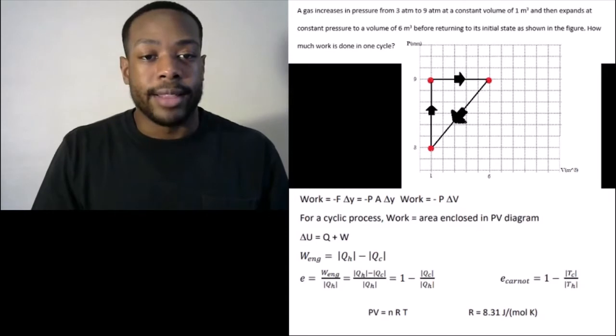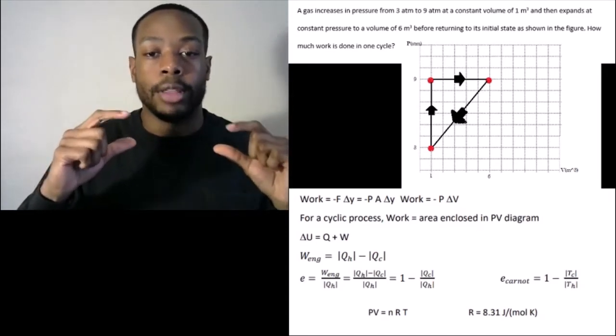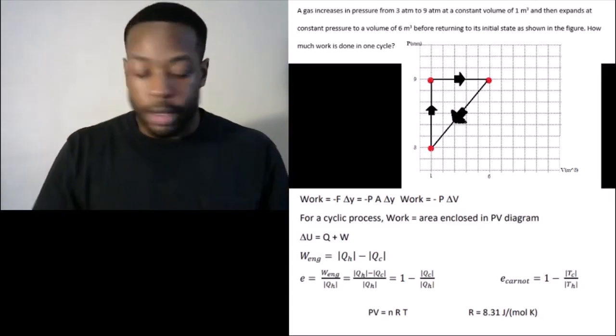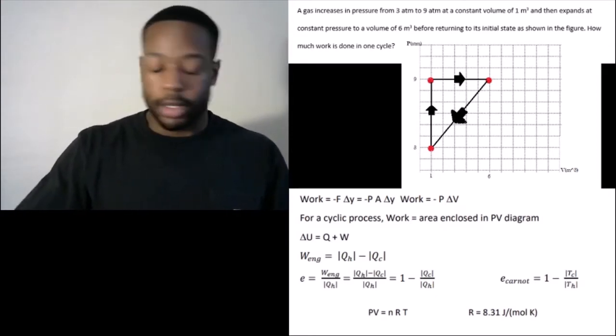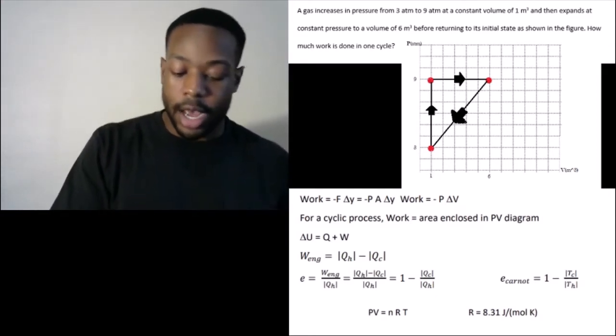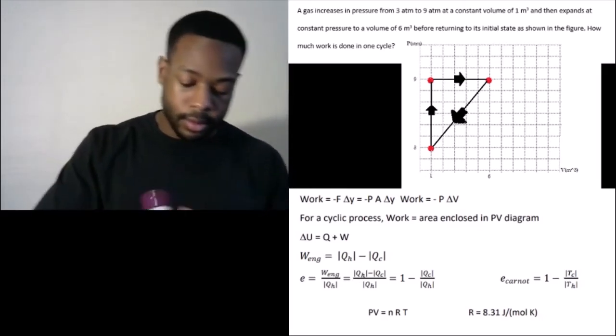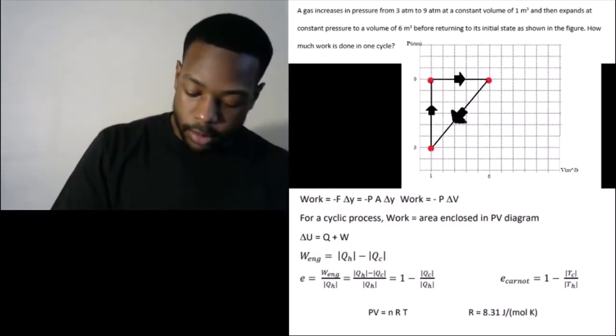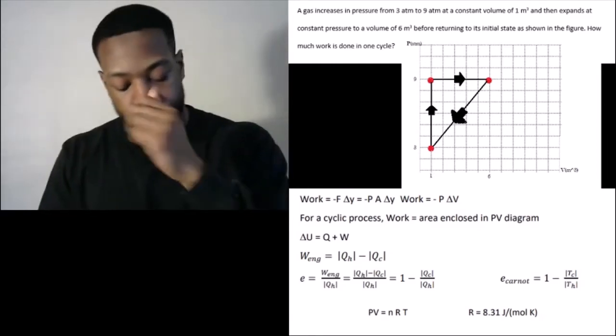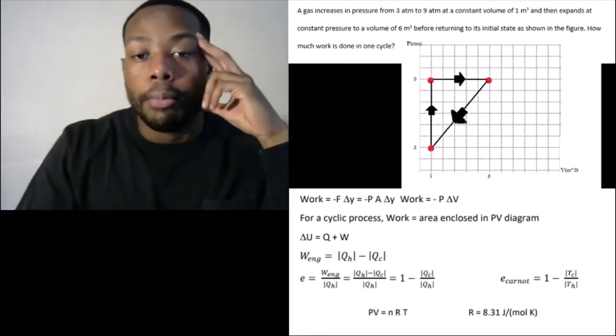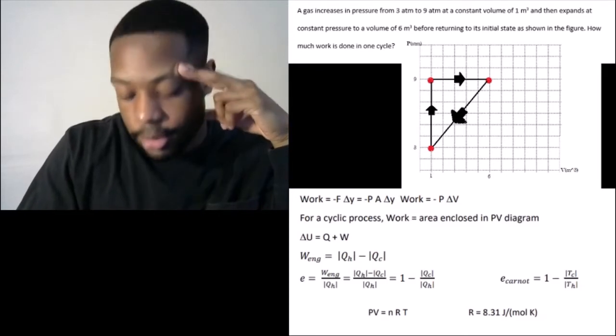Now I want to subtract that rectangle at the bottom underneath everything. So we're going to do work equals negative pressure times delta V again. Pressure there is going to be 3.